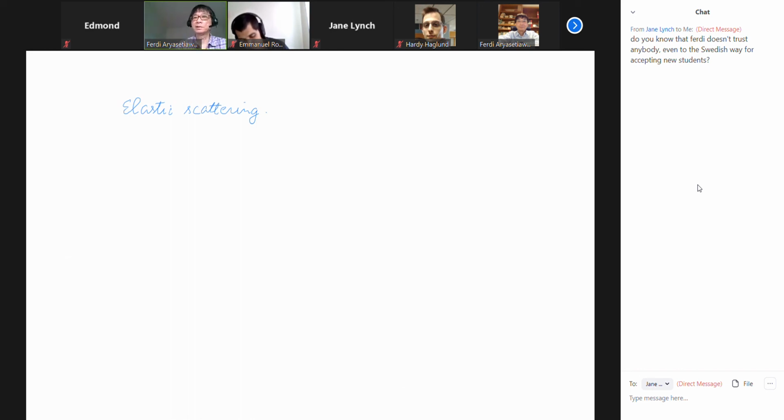So if I have 10 particles coming in, then we will have 10 particles going out. So this means that we should have a condition that the incoming flux, so that's the number of particles per unit time per unit area, must be equal to the outgoing flux, because that's what we mean by elastic scattering. No particles are absorbed.